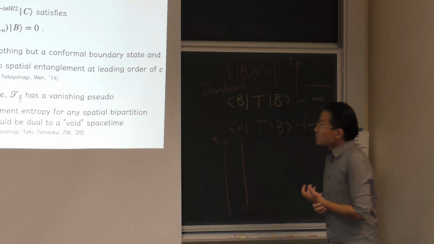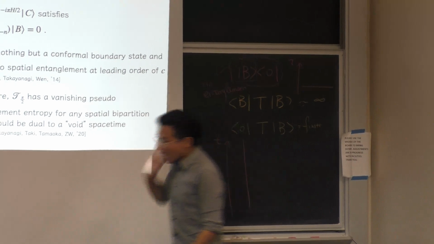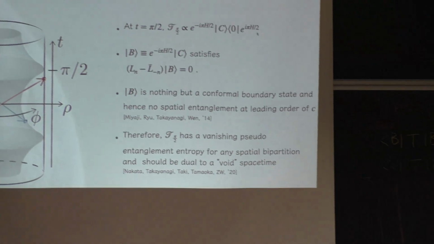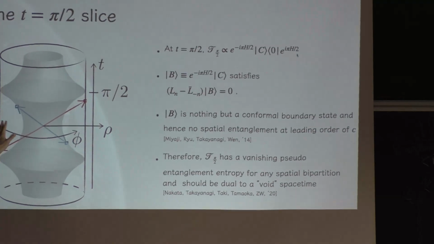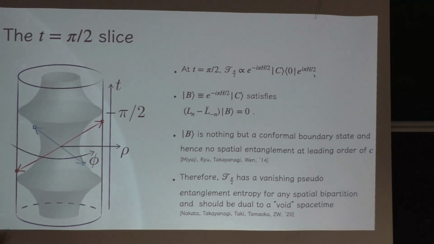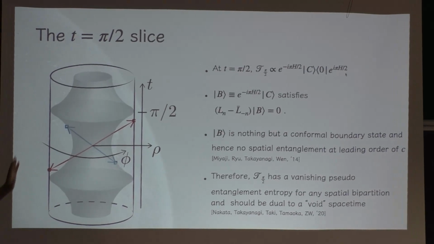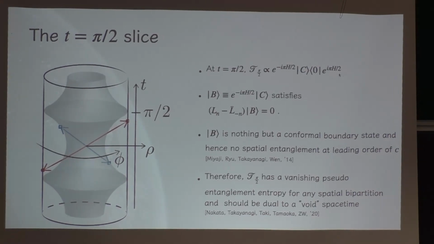Okay, so now I've explained that this boundary state does not have spatial entanglement, and this pi/2 time slice is actually just given by a trivial slice, which is just void. Like there's no RT surface inside that. So whatever RT you compute on this pi/2 slice is actually just 0.